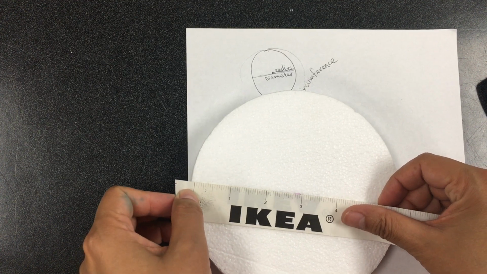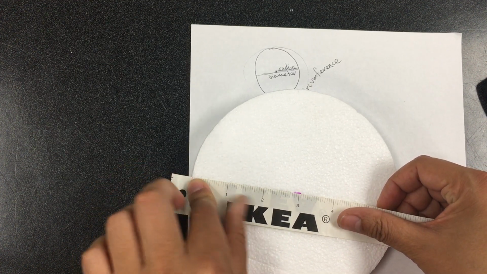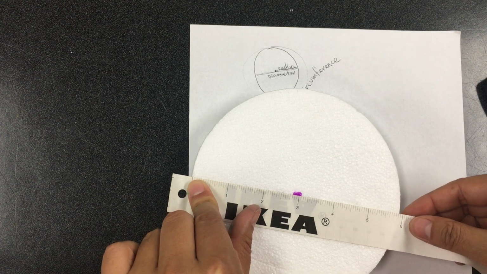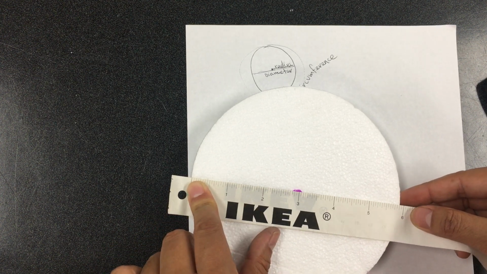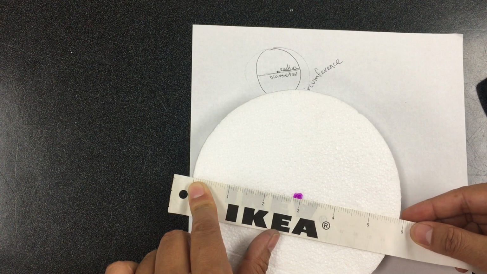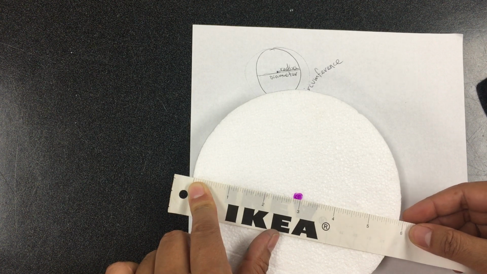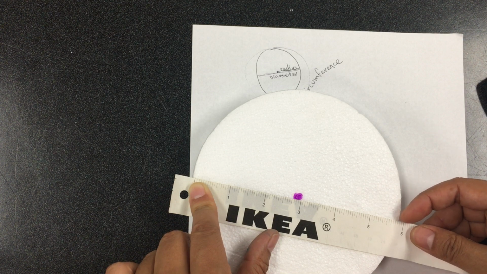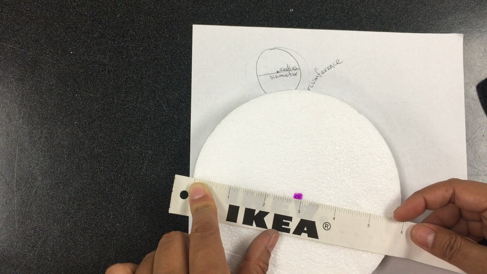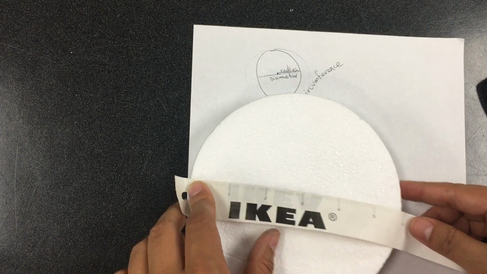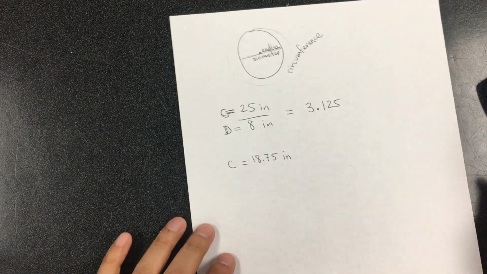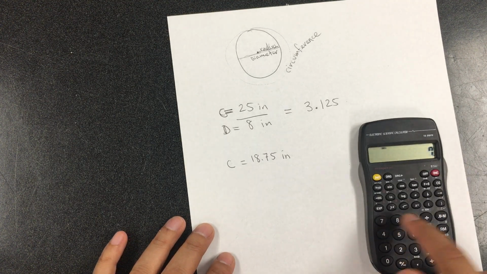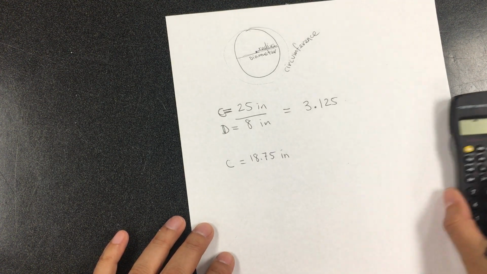And the diameter, we're going to try our best, but it looks like it's a little less than 6. It's about 7/8 maybe. So 7/8 is 0.87.